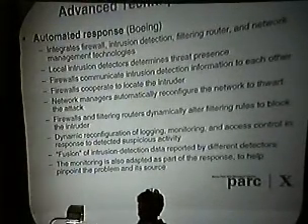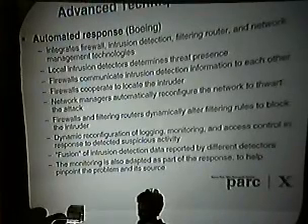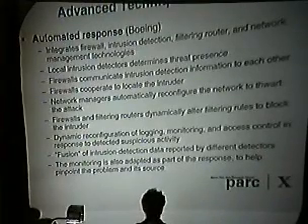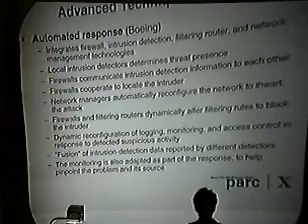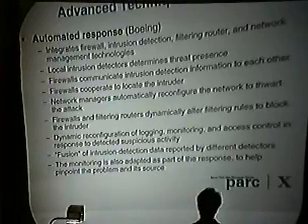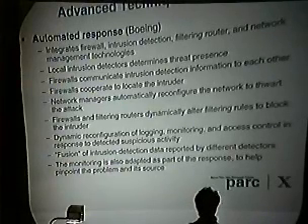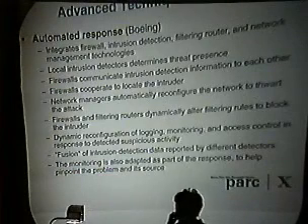Here's, again, the Boeing system doing automated response. One of the things they're looking at in the future is having a variety of different responses you can take to a detected event, and having a cost model.